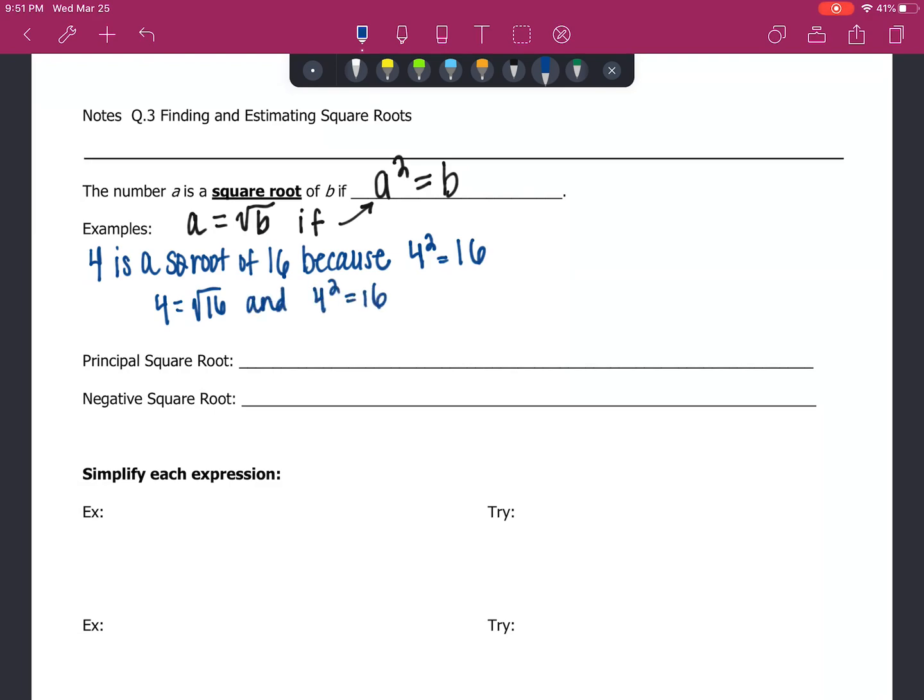Okay? -4 is also a square root of 16 because -4 squared equals 16.